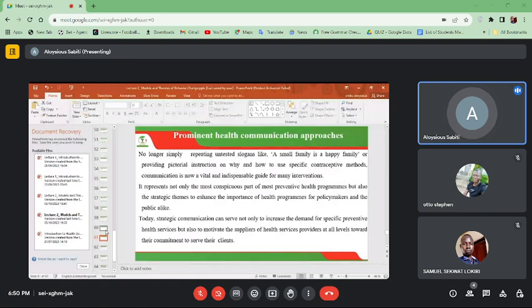Whereas you're giving information to a client through communication, health communication is actually trying to tell you that you have a role to play, and you have a role to motivate people who supply health commodities.